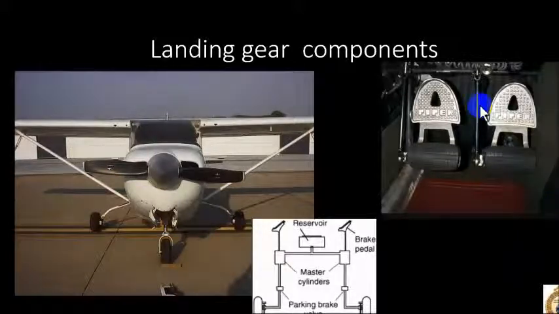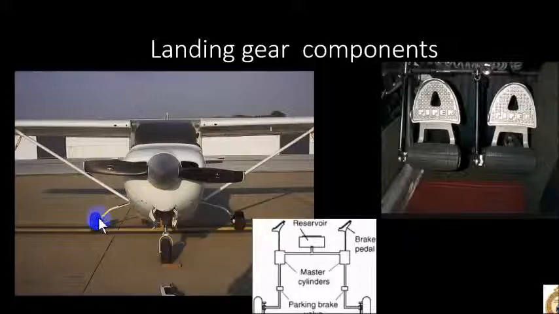Another aspect of landing gear is a differential braking system, which means I can brake this wheel or brake this wheel independently, not like your car where pretty much all the wheels brake together. Not so in airplanes. If we want to make a left turn, we will brake the left wheel and apply power. This brake will be off and we come around, along with help from steering with the nose wheel.